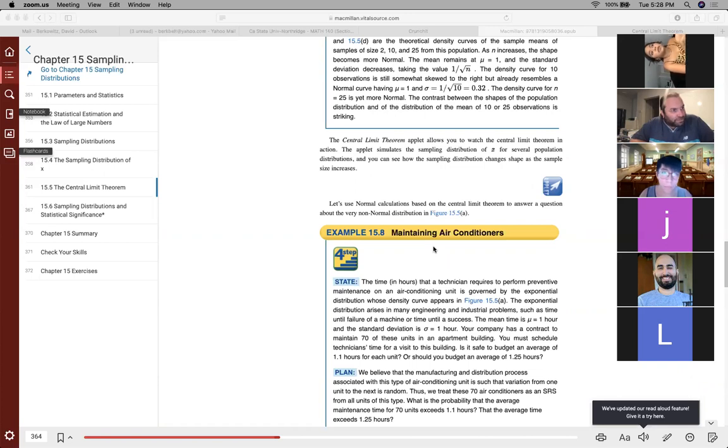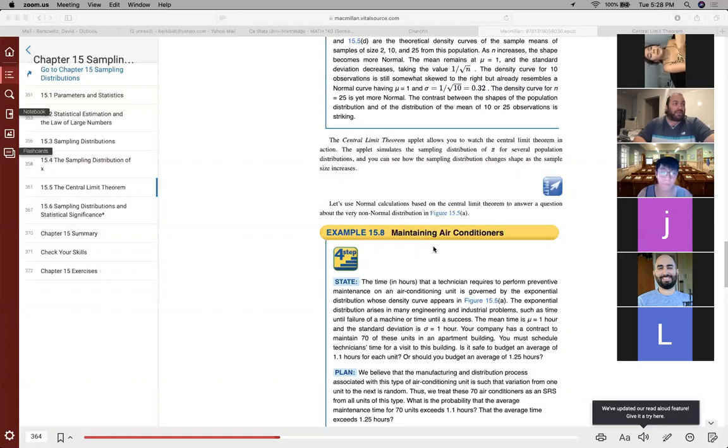Just give me a formula. Let's not worry about the calculator yet. How would I compute the standard deviation from a formula? 1 over the square root of 70. 1 over the square root of 70.